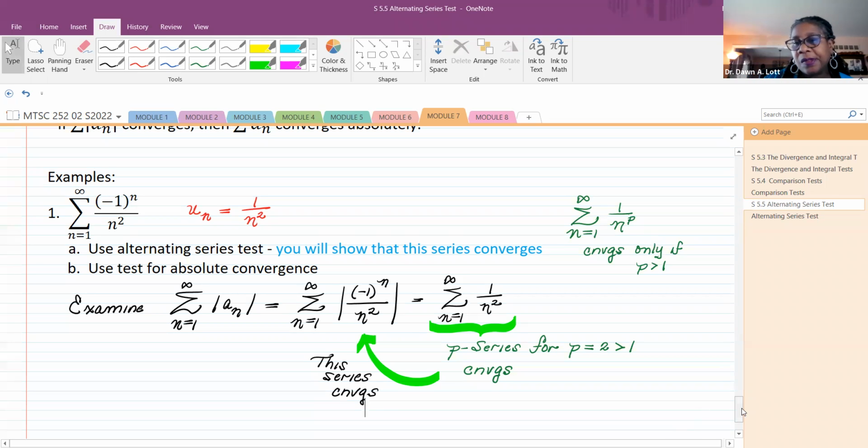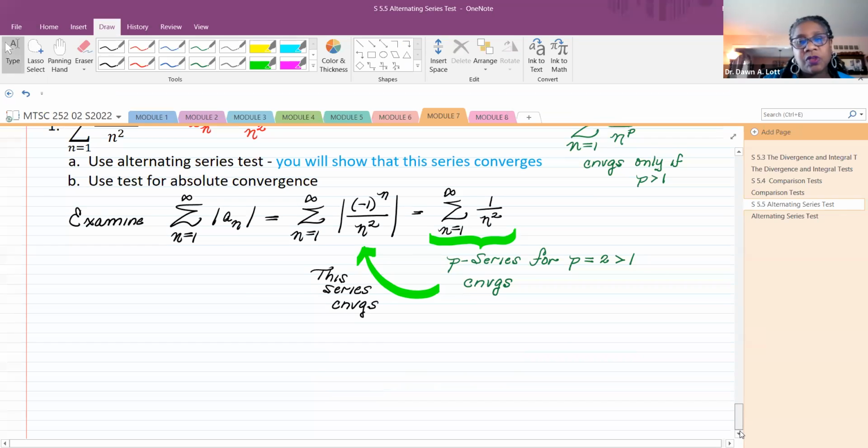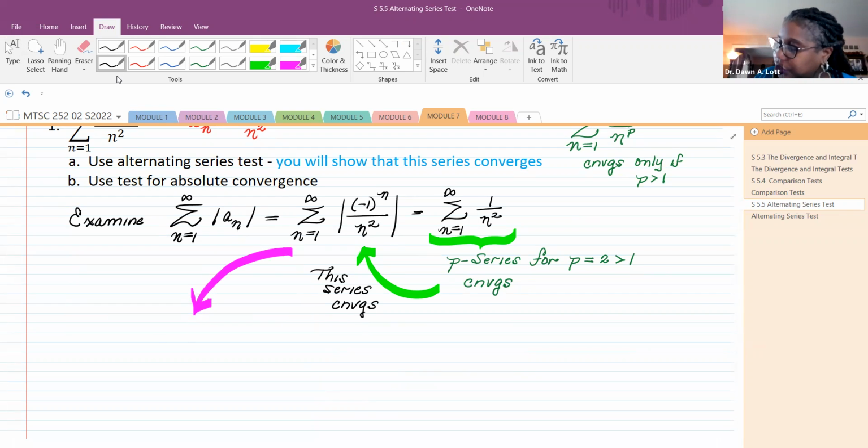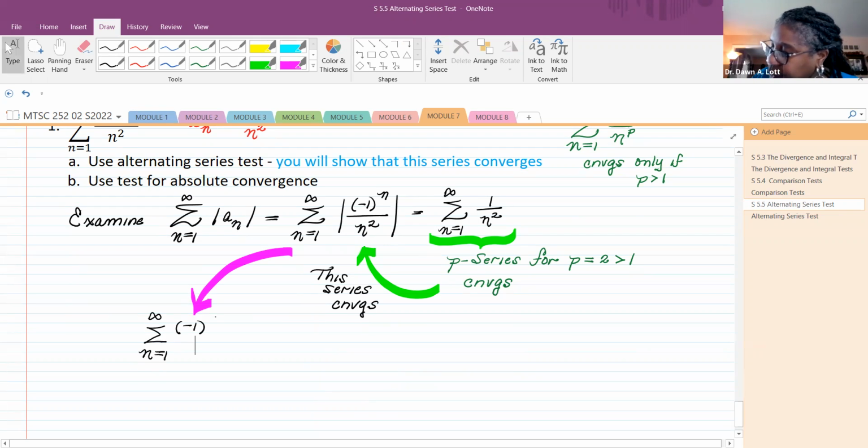Okay. So then that implies this series with the negative term converges absolutely.